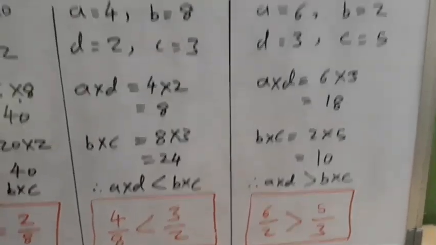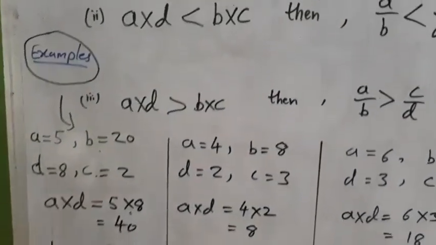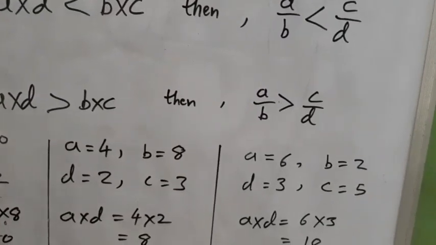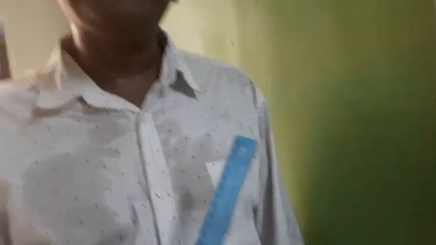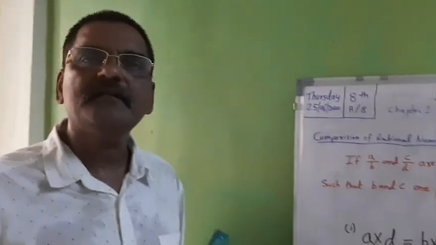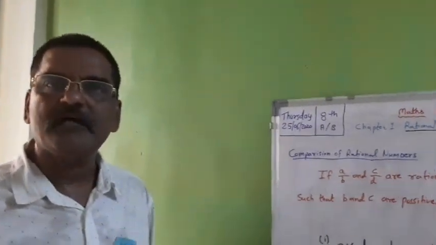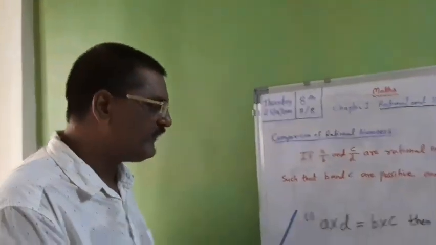म्हणजे एक लक्षात ठेवा की, जेव्हा आपण दोन रॅशनल नंबर कंपेअर करतो, आपला फॉर्म्युला लक्षात ठेवायचा A इंटू डी. शेवटच्या नंबरचं मल्टिप्लिकेशन आणि मिडल नंबरचं मल्टिप्लिकेशन याच्यावर आपण कंपेअर करायचं.